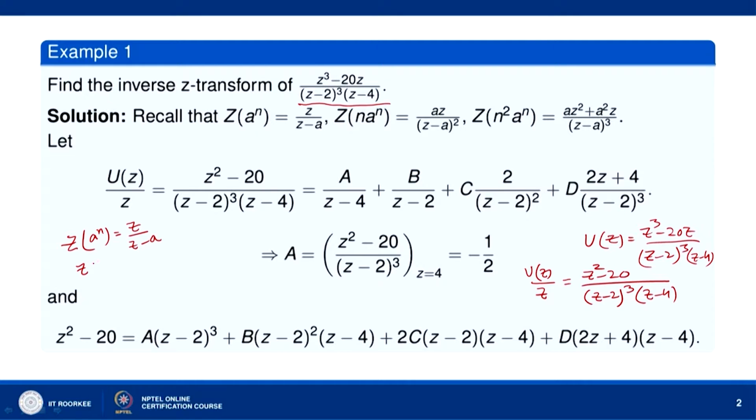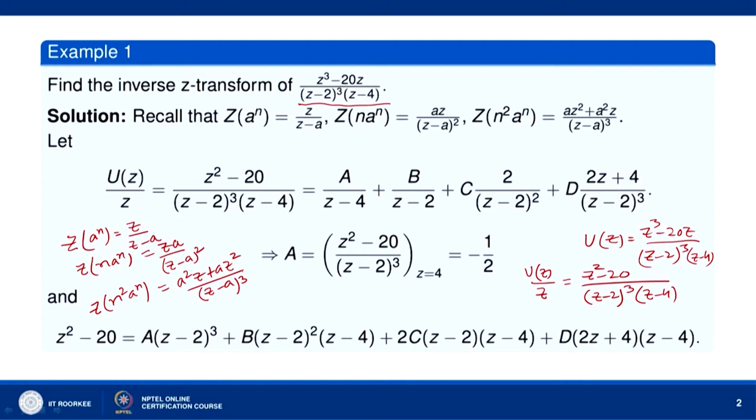Z of n times a to the power n is a z over (Z minus a) whole square. Z of n square a to the power n is (a square z plus a z square) divided by (Z minus a) whole cube.